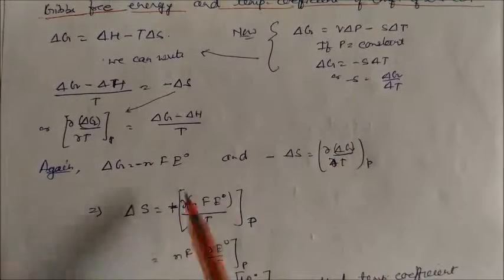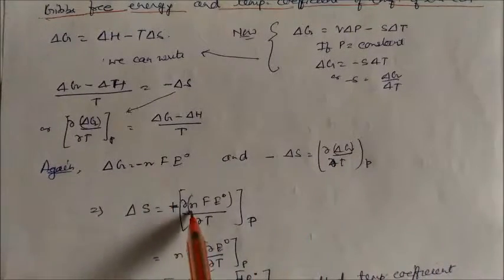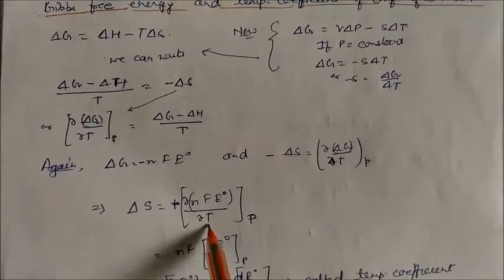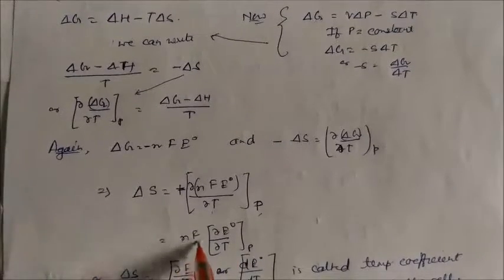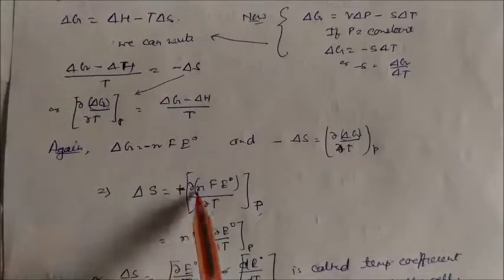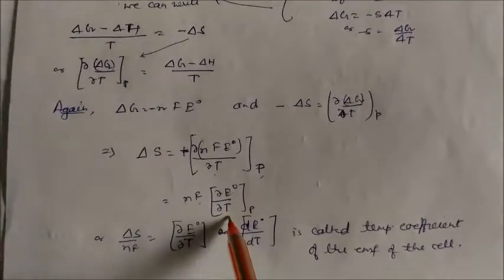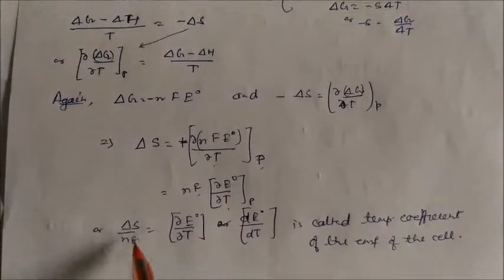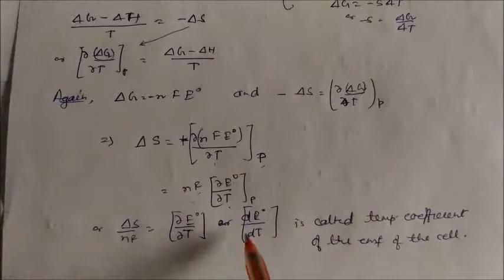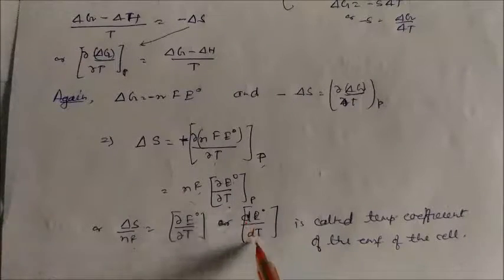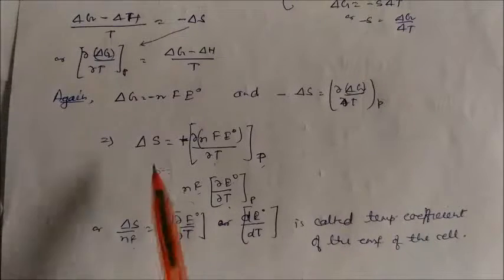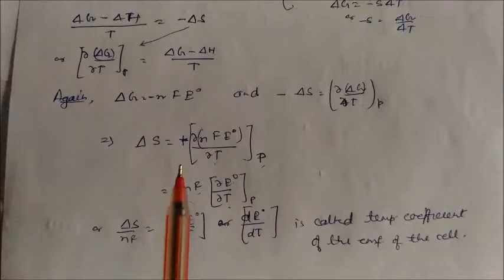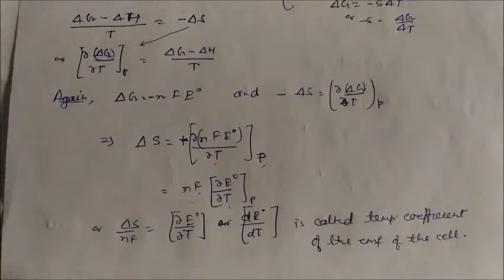So delta S becomes nF times the partial change of E with temperature at constant pressure. nF is a constant value, keep it outside, and this becomes delta E naught by delta T. So delta S by nF is this value, or dE naught by dT. This whole value is called the temperature coefficient of the EMF of the cell. This is very useful in finding the free energy of an electrochemical cell. We'll see some numericals in the numerical sections.